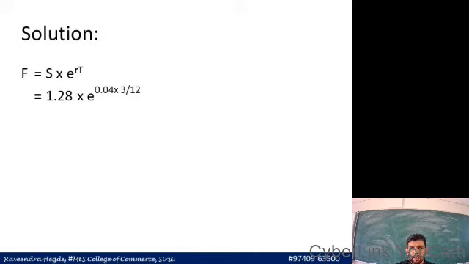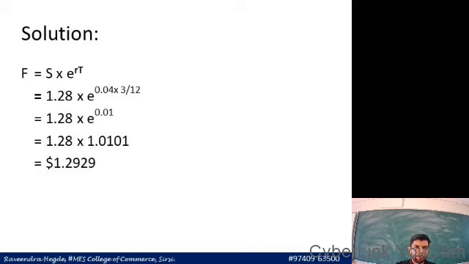Since it is 3 months, e raised to 0.04 into 3 divided by 12, and 0.04 into 3 by 12 gives 0.01. So 1.28 into e raised to 0.01, which is 1.28 into 1.0101. That value can be taken from the calculator or from the table, and that gives $1.2929.